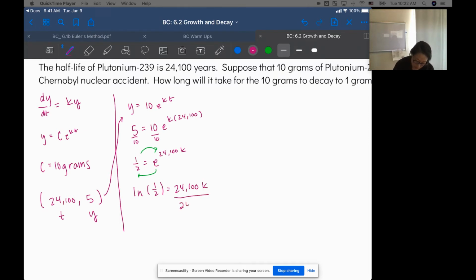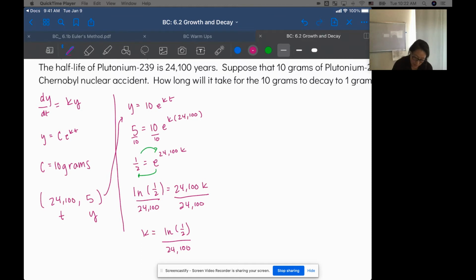Divide. So I get k is equal to the ln of 1/2 over 24,100.